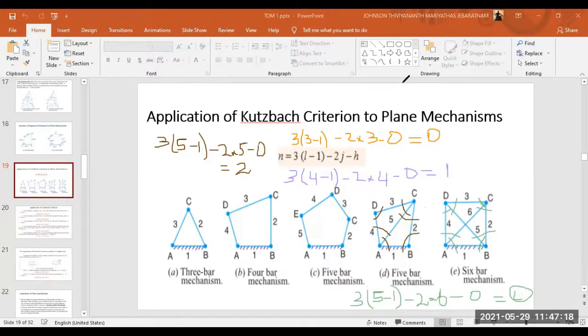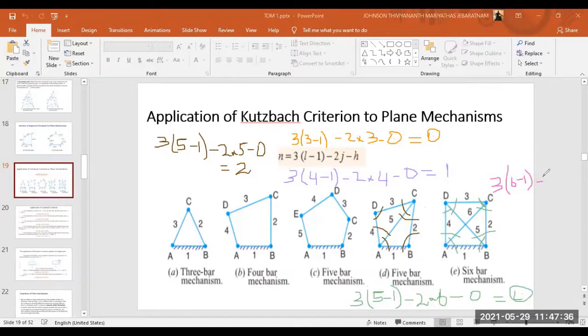Then I will put it in the equation. I'm running out of colors. So 3 into (L minus 1), number of links, that is 6, minus 1, minus 2j, that is 2 into the number of binary joints.